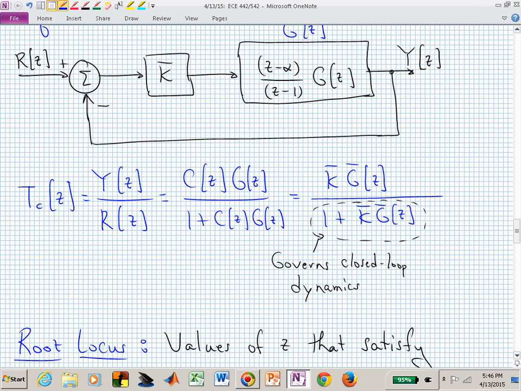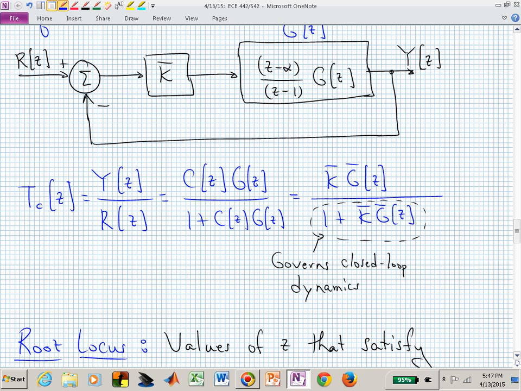Where are the closed loop poles? Where do they live? What's a one-phrase description of where the closed loop poles live? Here's one answer that I would have to accept unless I gave you more information: on the z-plane. But you can be more specific than that, right? They're on the root locus.